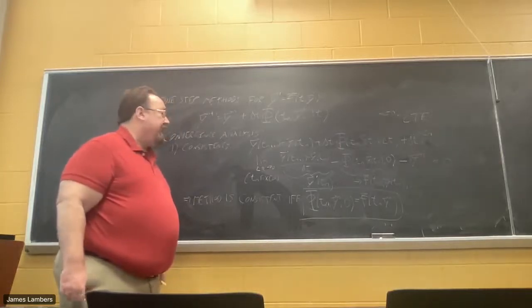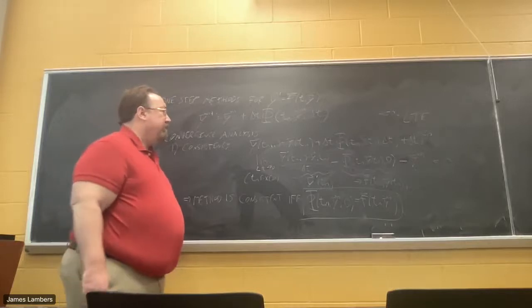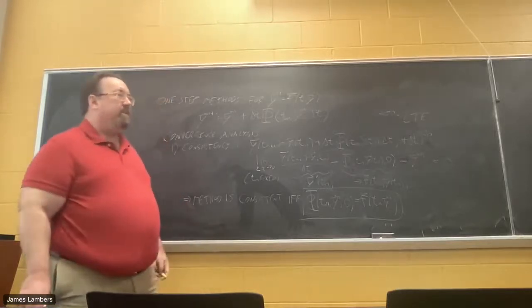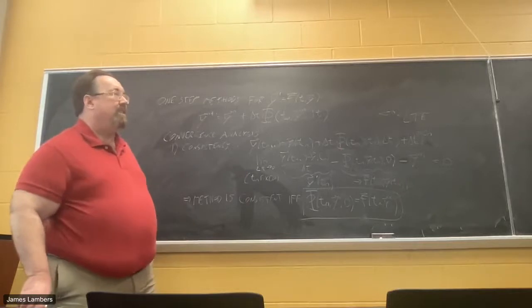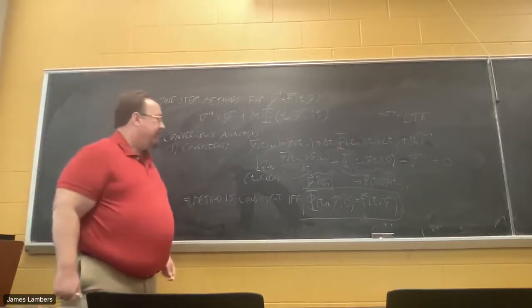And in fact, if you were to look at any of these Runge-Kutta methods I've shown you, if you just went ahead and set delta t equal to 0 in your k's, then you would get that.